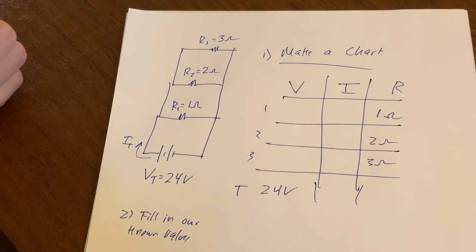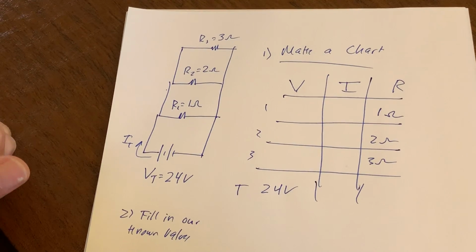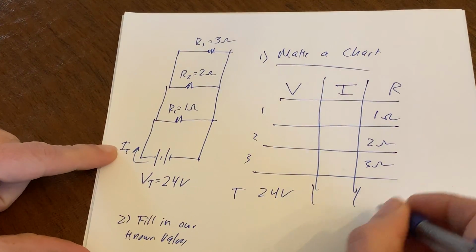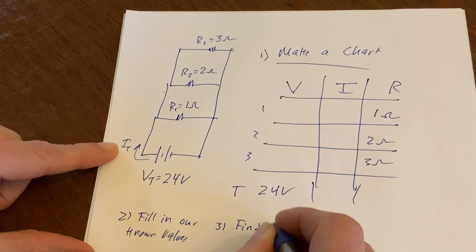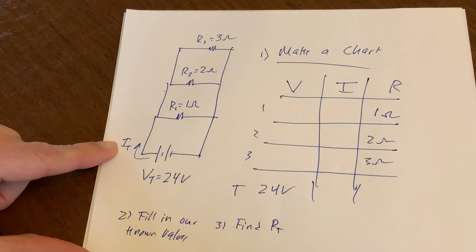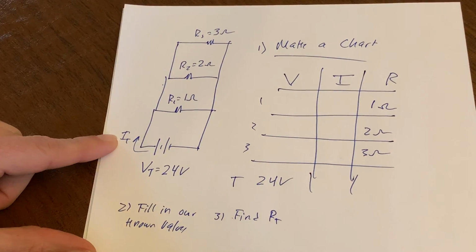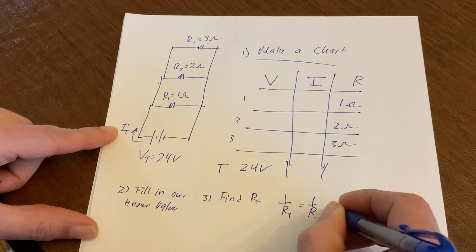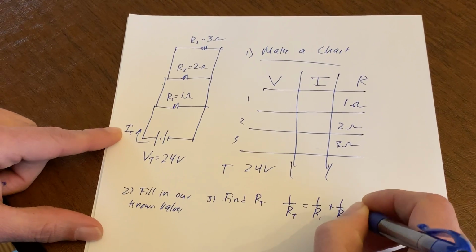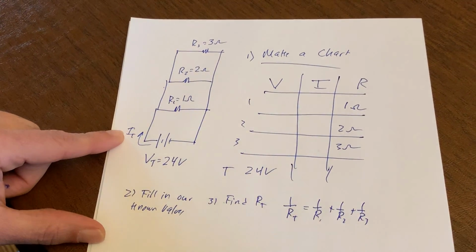The answer is yes, I can. Can I find this total resistance? I can. So we are going to find R total. I'm going to walk you through this equation the first time. 1 over R total is equal to 1 over R1 plus 1 over R2 plus 1 over R3.